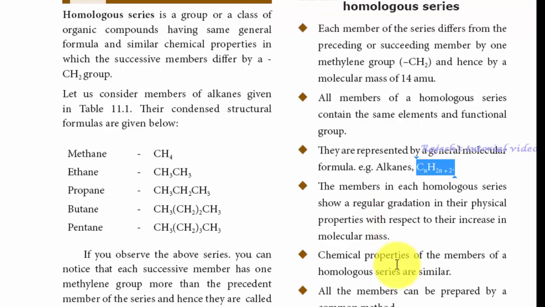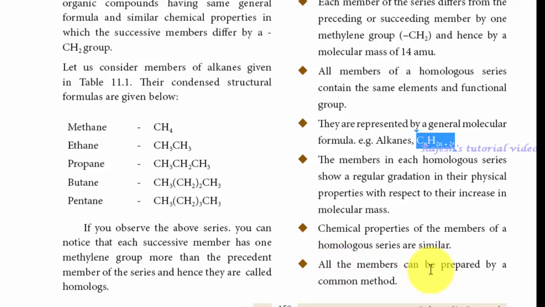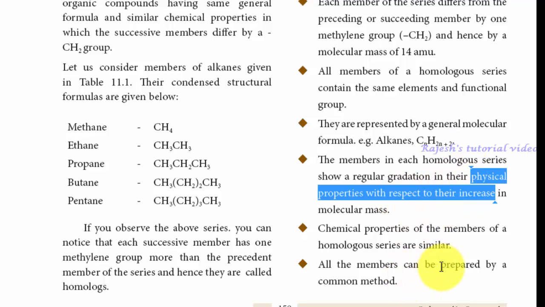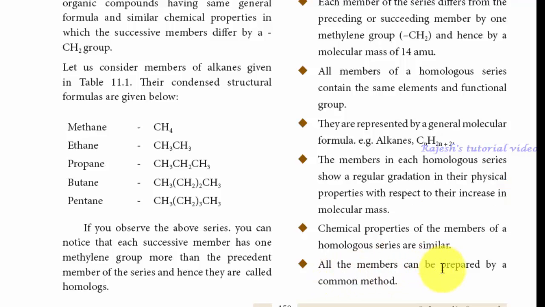Chemical properties are similar because they have the same functional group, and only the alkyl group differs, but the same carbon and hydrogen are present in the alkyl groups. So chemical properties are the same, but the physical properties show a regular gradation with respect to their increase in molecular mass. And all the members of the homologous series can be prepared by a common method.